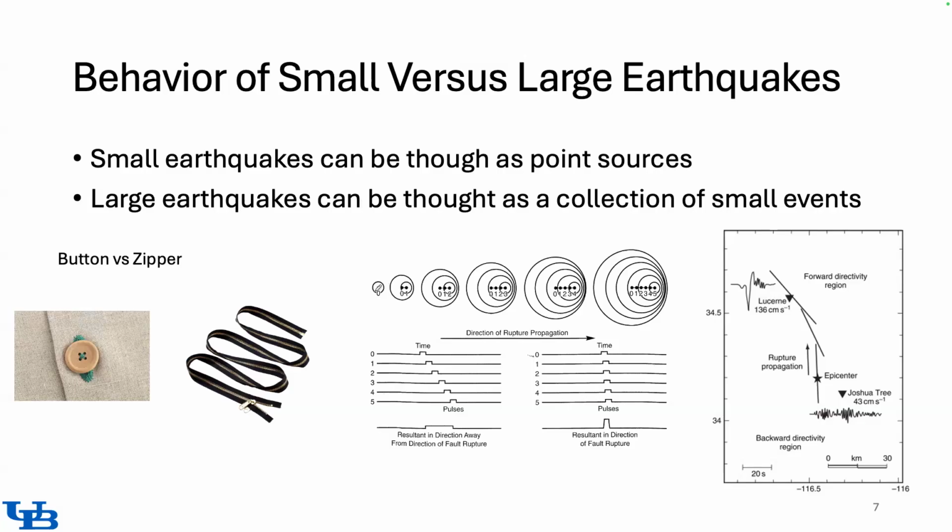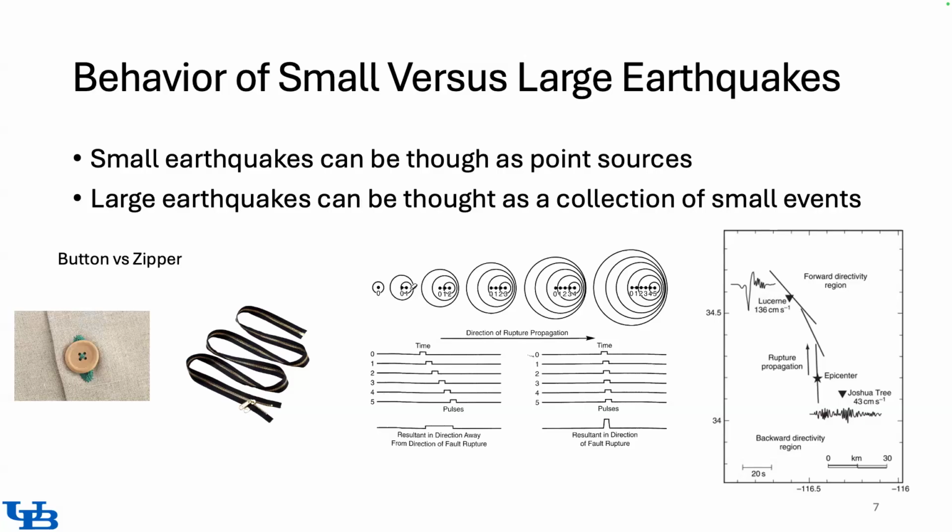So if you think of a large earthquake as a collection of small ones, you have the earthquake initiated at one point, releasing some energy, then the rupture propagating to the next one, and then that point also releasing energy.